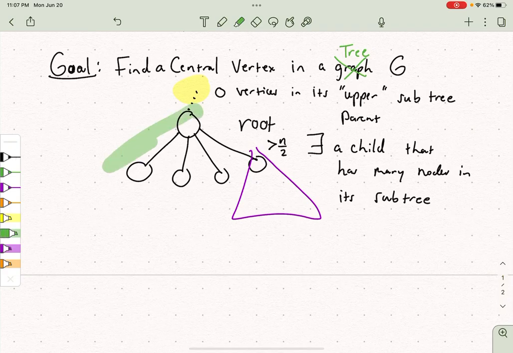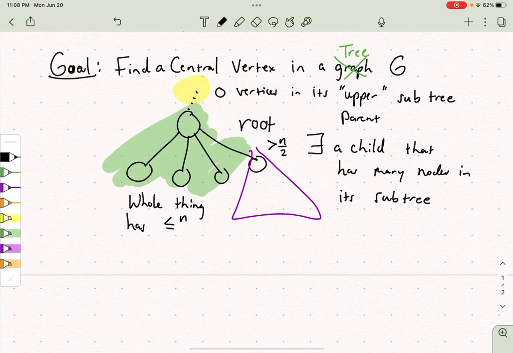In particular, that means this entire subtree, no matter how complicated it is, this whole thing has very few nodes. Why is this? Well, there's a total of n nodes, so if n over 2 of them are over here, at least, then at most n over 2 could be over here. Okay, so we know that's true, and so we can now focus on this subtree.